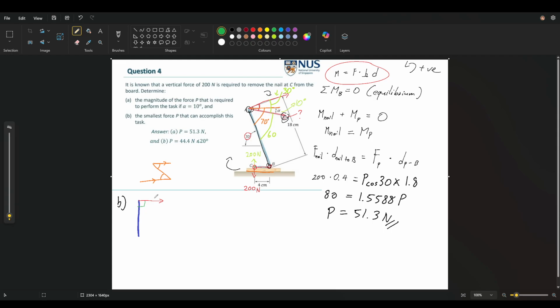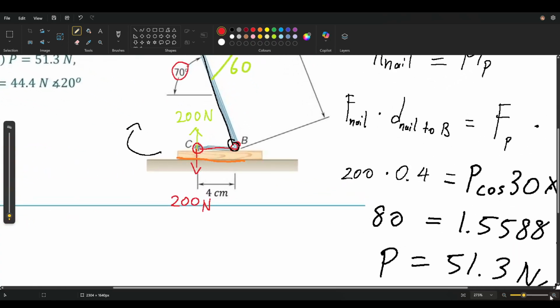So I just need to make sure that my force only acts in that one direction, in this diagram that I'm showing in B, the x direction.